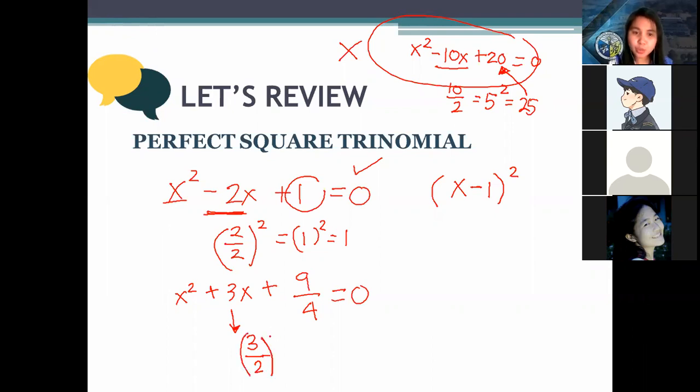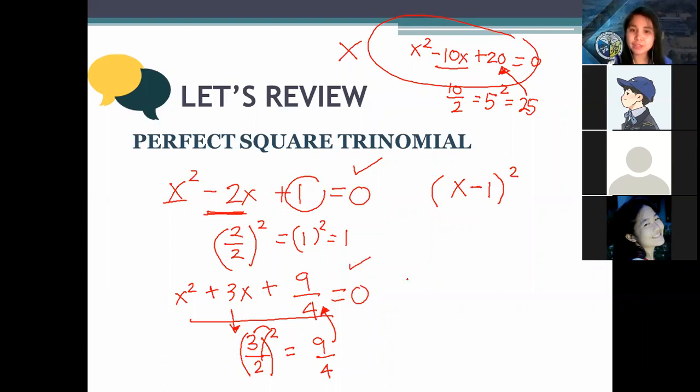You need to square it. The answer must be the last term. So we have 3 squared, 9. 2 squared is 4. If you check, the last term is 9 over 4. Therefore, this is a perfect square trinomial.